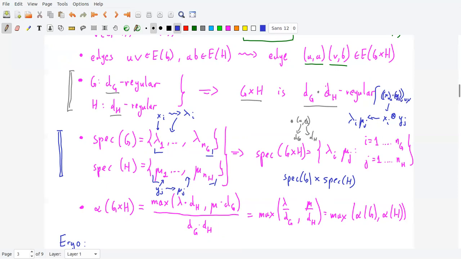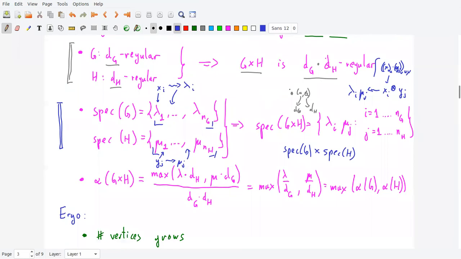So you essentially make a pairwise multiplication of the eigenvectors, and you get eigenvectors of the product corresponding to the product of eigenvalues. Good. So this is how the spectrum behaves under a tensor product.